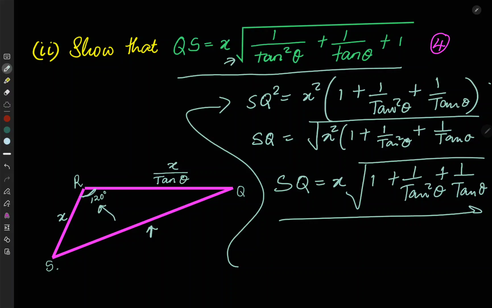Now let's move on to the last part of the question. Right, in this last question, we are given that if x is equal to 15 centimeters and theta is equal to 22 degrees, calculate QS. So guys, even if you were not able to prove the previous question, it doesn't mean that you need to skip this question, because this is just a simple substitution.